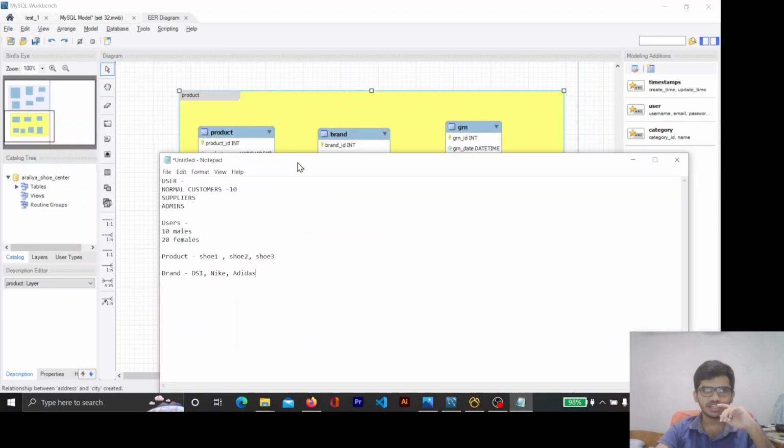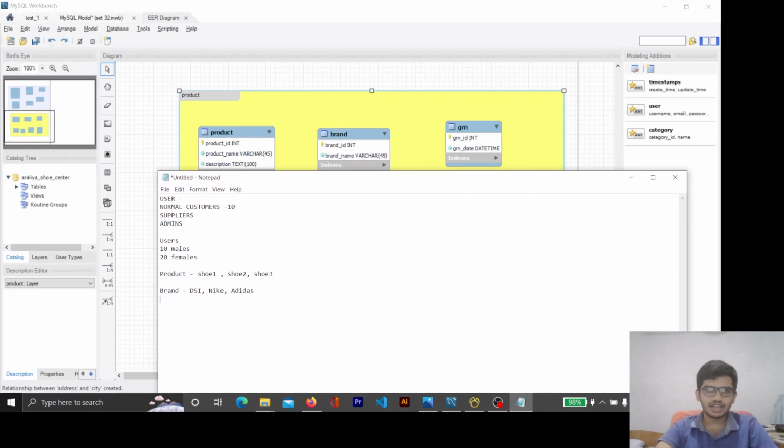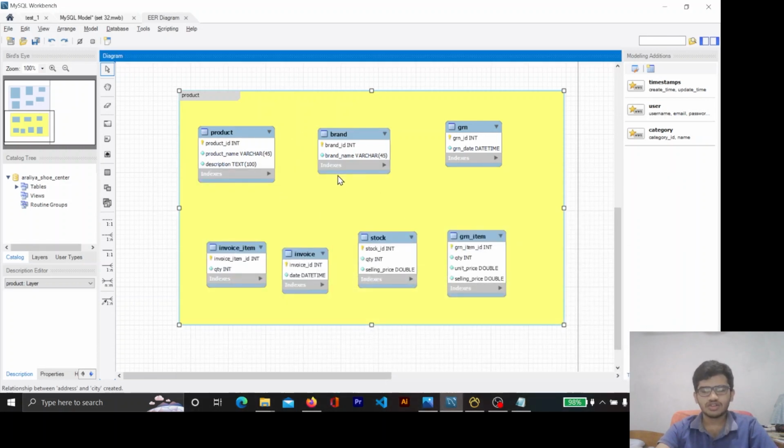So DSI owns 2 shoes. If we were to insert the details into the product table, this will be the answer: shoe 1 by DSI, shoe 2 by DSI. As you can see, DSI is repeating here, so we created a separate table to store the brand name DSI, and gave that brand name a brand ID.